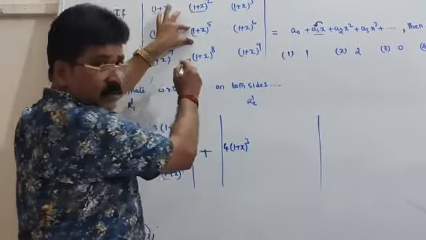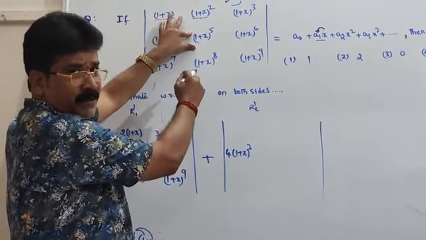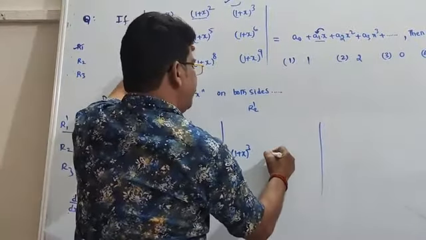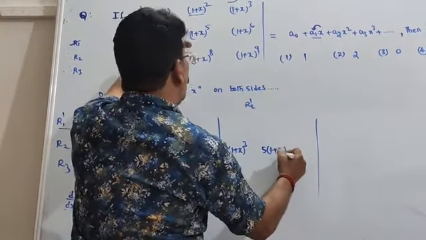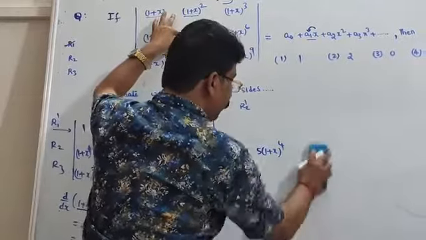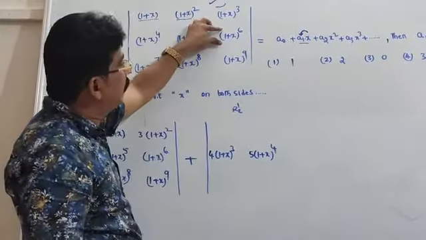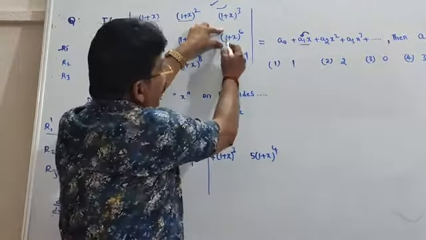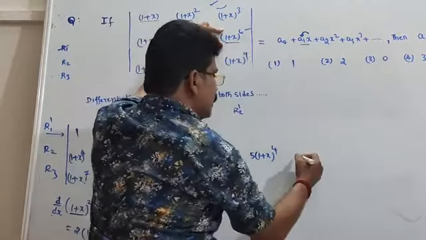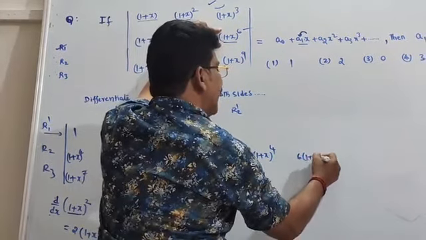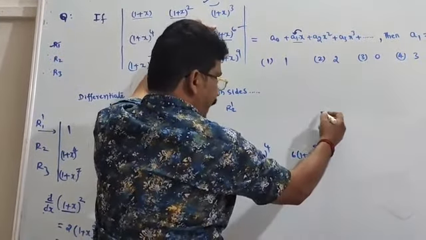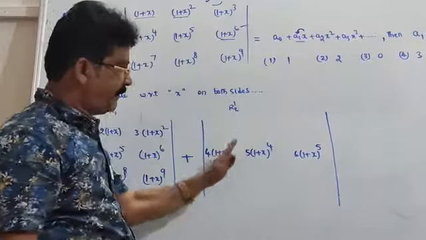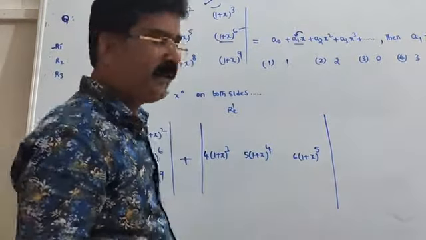Next, 5 into (1 plus x) to the power of 4. Now tell me the differentiation of this function, (1 plus x) whole to the power n. So 6 into (1 plus x) to the power of 5. So this is the differentiation of R2 elements.